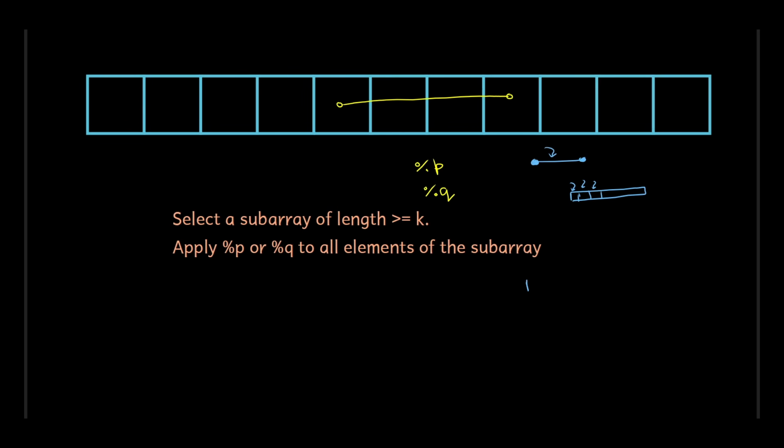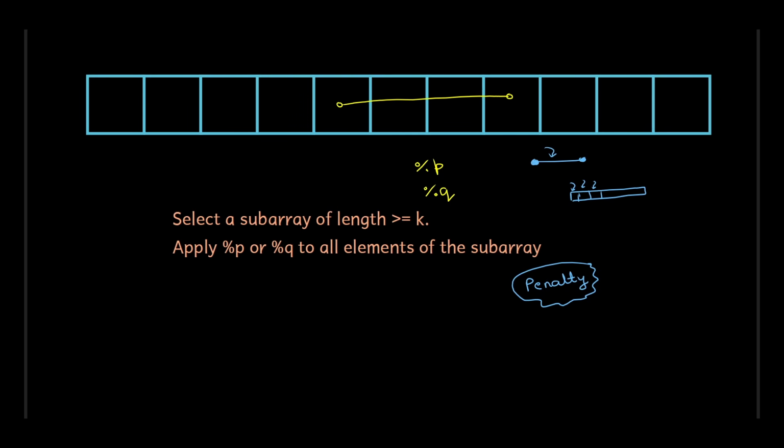So you can see that there is some penalty that will be incurred once you start applying the operations on the subarray. So your gut feeling might say that we have to minimize the penalty, right? So you would like to disturb the minimum number of elements from their desired roots.